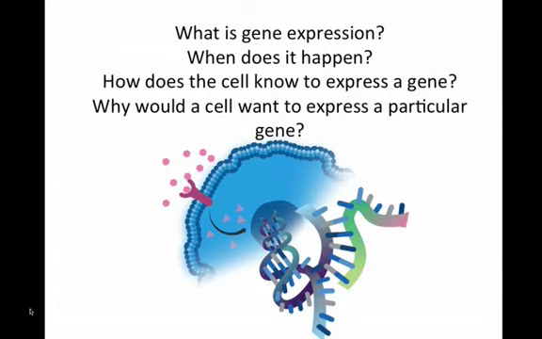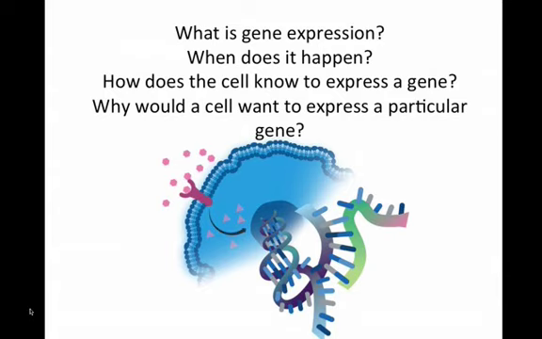So why would a cell want to express a particular gene? Like, why would a cell want to upregulate hemoglobin? Yes, well, for cell survival, it's going to express whatever it needs to survive.